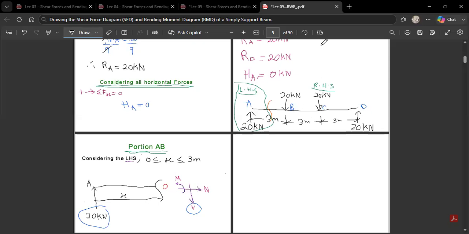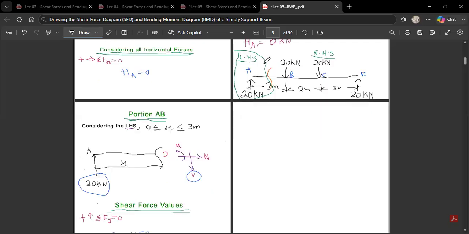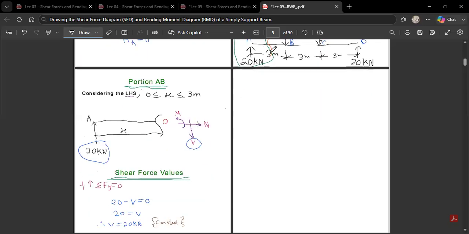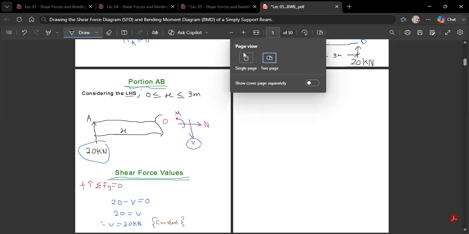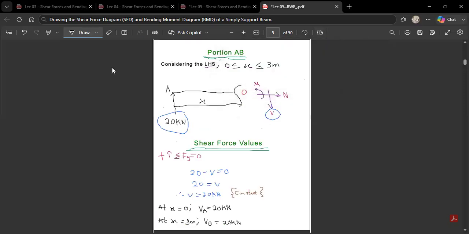Very good. So from here, we're going to calculate for the bending moment values. Yes, so let's go and do that quickly. Over here, you have the shear force values, just as I told you.